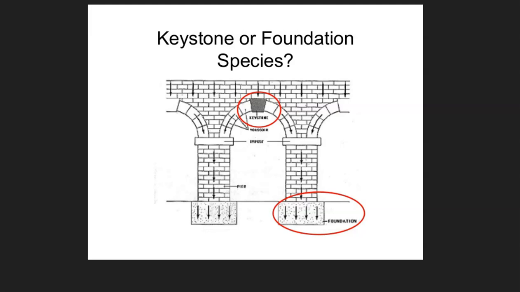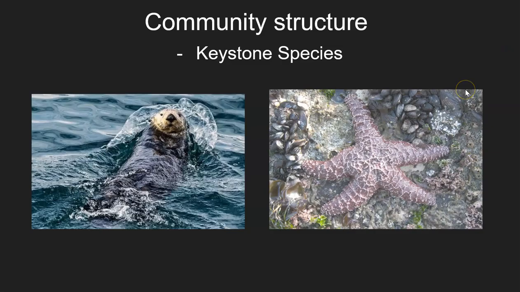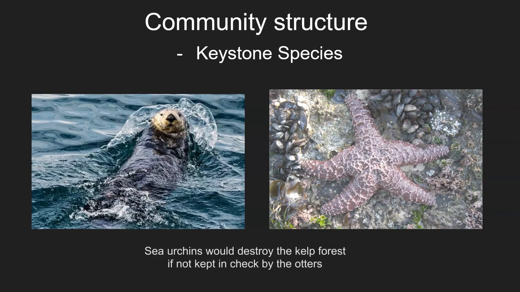So let's talk about what is a keystone species and what do I mean by a keystone species. So here is an otter and here is a sea star. The otter is going to spend its time eating sea urchins and making it so that the kelp forests that it lives in can continue to exist.